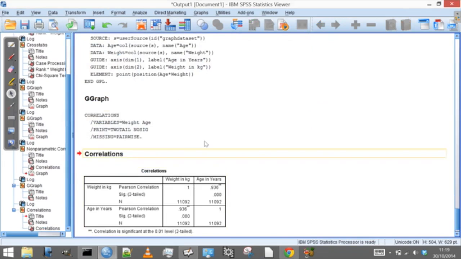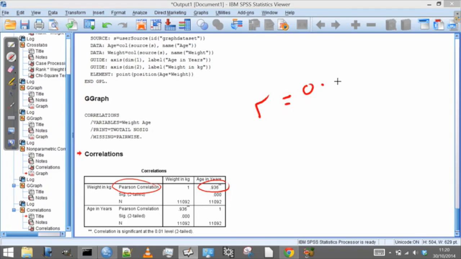And then when we press OK, we get another wonderful box come up, and it's very similar to the previous one. We can compare the Pearson correlation coefficient, which is this top line. So this number here is the Pearson correlation coefficient, or R. And so we can see here that R is equal to 0.94, roughly.